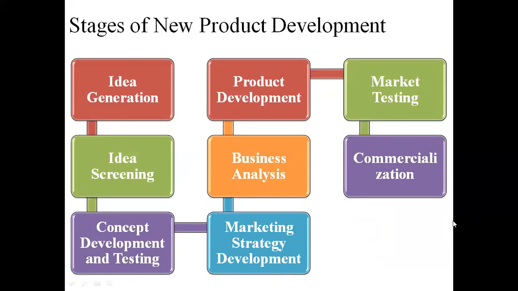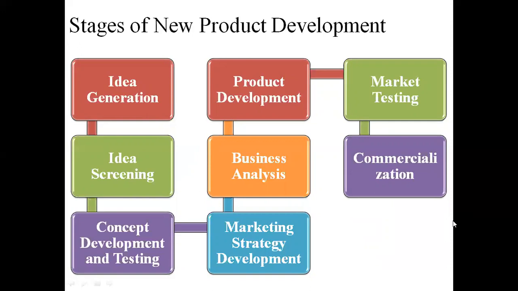So here we are discussing the 7 stages of new product development. First is idea generation, second is idea screening, third one is concept development and testing, and after that marketing strategy development, business analysis, product development, market testing, and finally the commercialization.